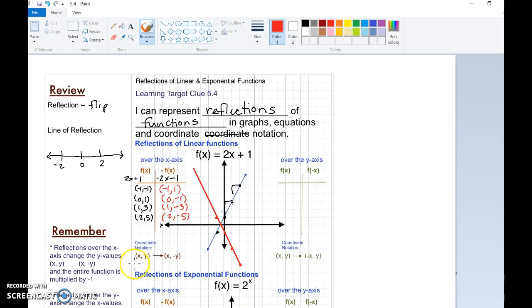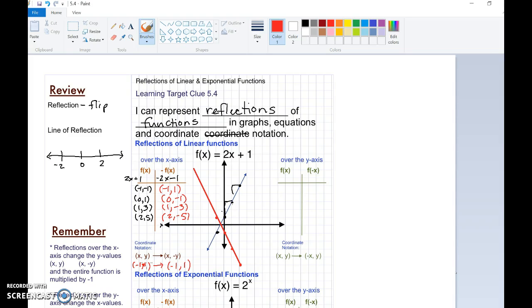So for example, negative 1 translated to negative 1, 1, because the opposite of negative 1 is a positive 1. That should be a negative right there. Okay? So that's flipping over the x-axis.